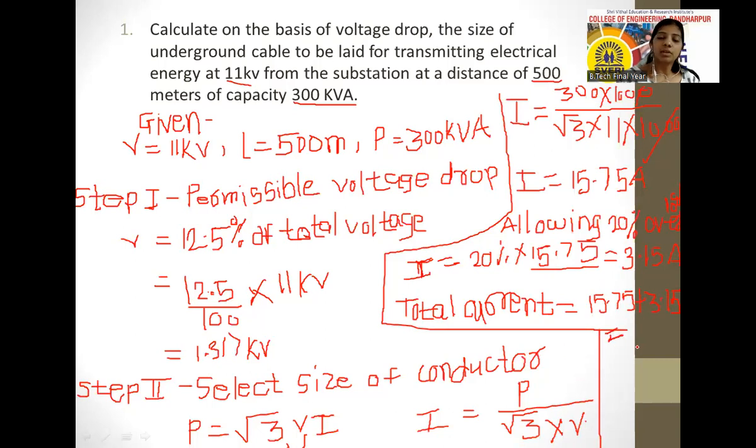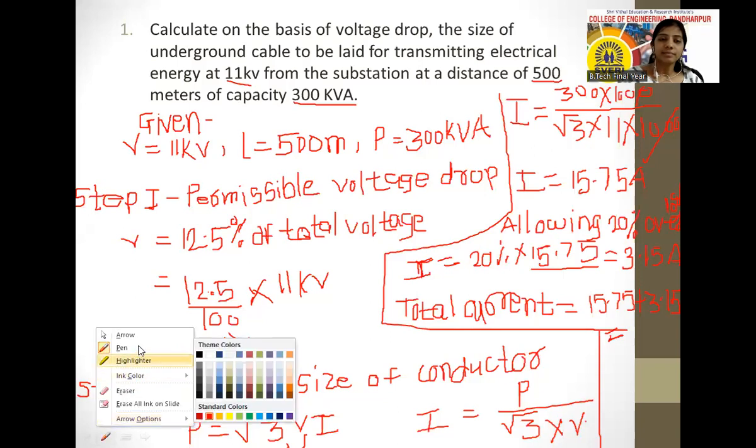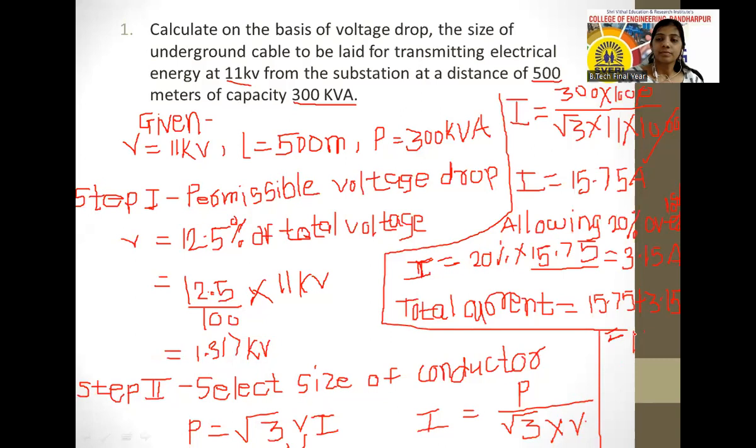So how much is the total current? 18.9. Is it correct? 18.9 ampere. Now this is 3 phase. That's why we have to consider the current rating for carrying this total current. That means 18.9 multiplied by 3.